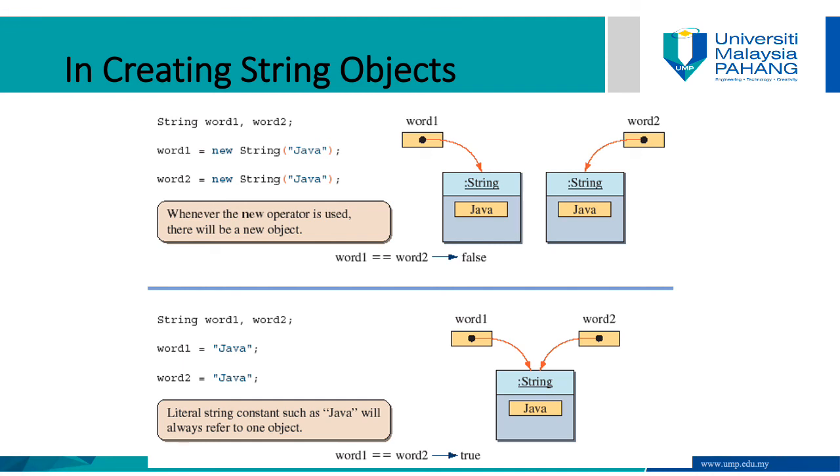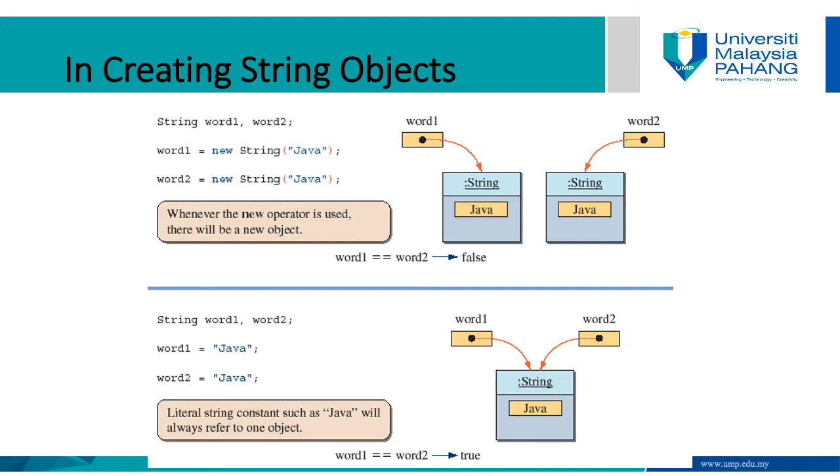So in creating string objects, you have to be very clear. For example here, we have String word1 and word2. Word1 we assign to new String Java and word2 as new String Java, like the previous example.